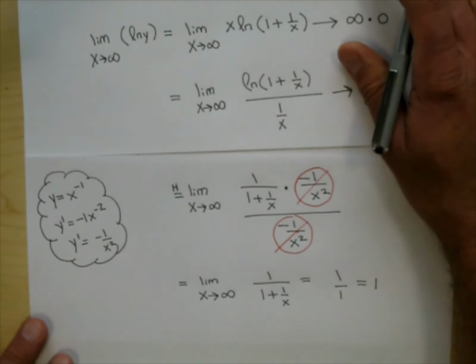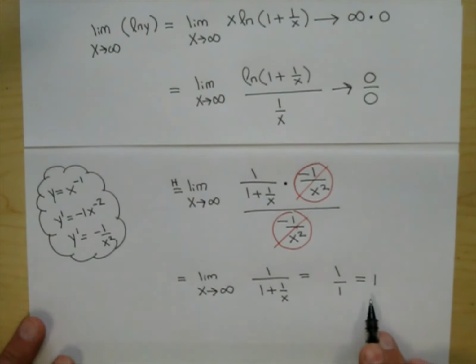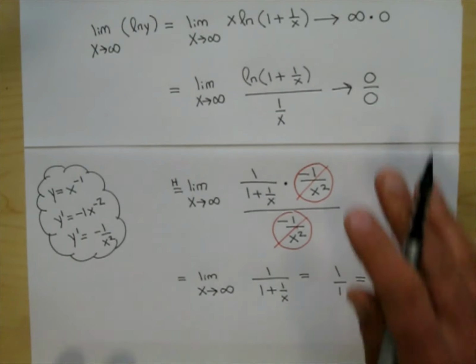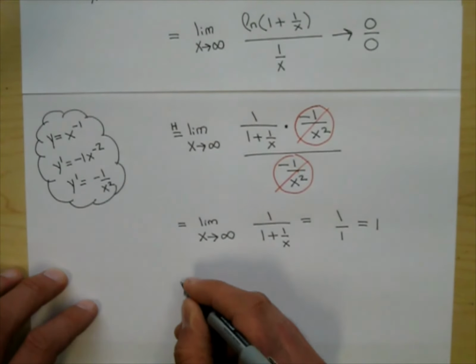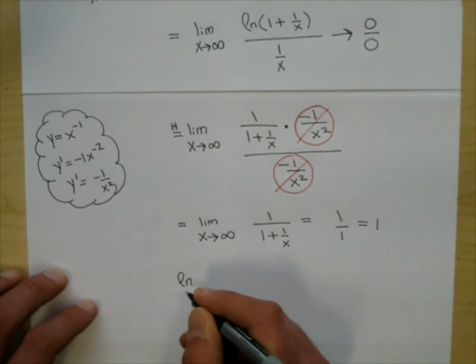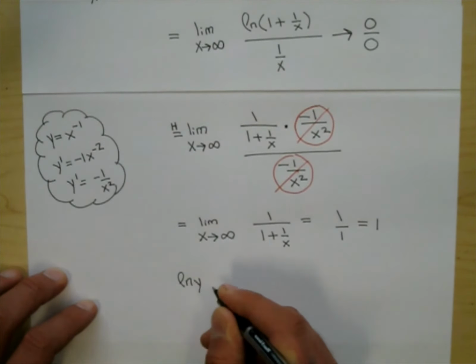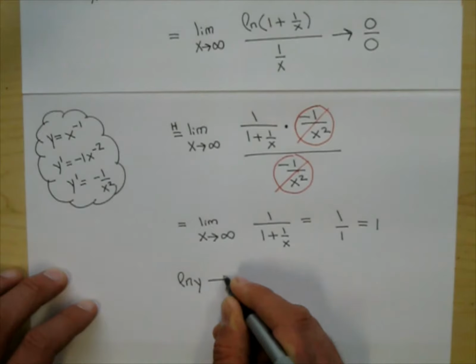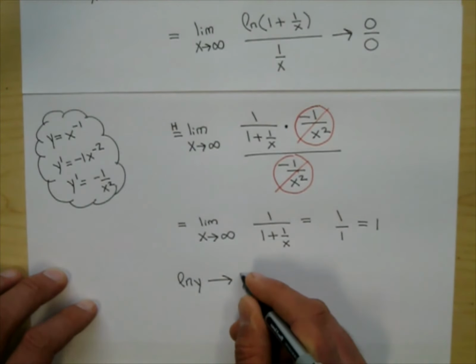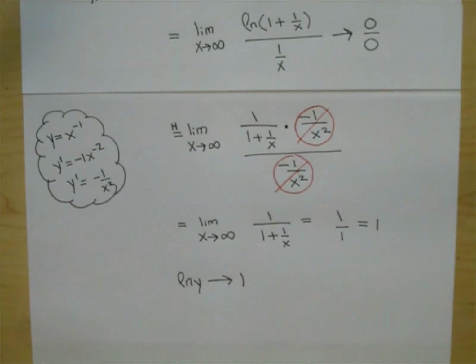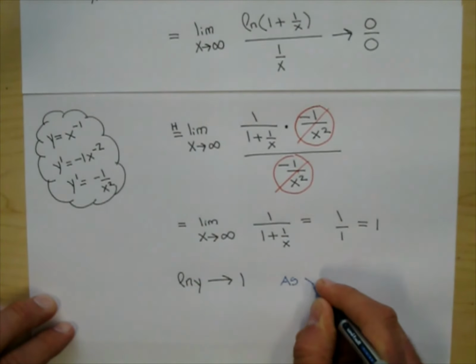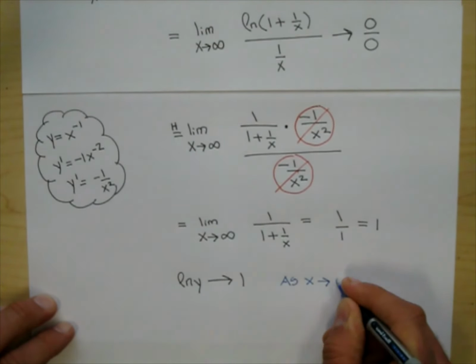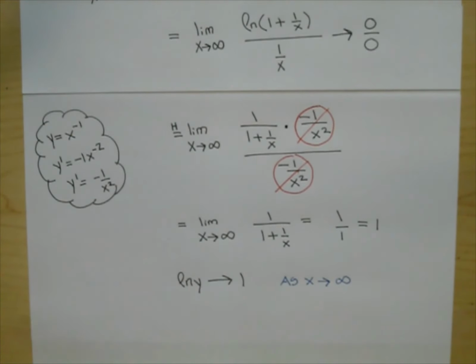Okay, so we have an answer, but it is not the answer to the problem that I'm looking for. I'm going to use this notation here. It's not used that much, but I think it's good notation. ln y approaches 1. Of course, when we write that down, this is as x goes to infinity.